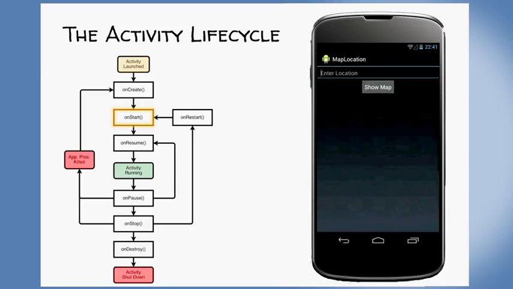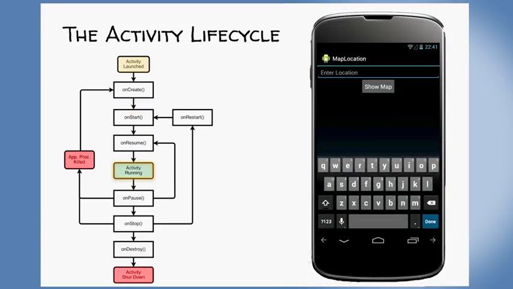At this point, map location is visible, but not yet ready for user interaction. Android now calls onResume. After onResume completes, map location will soon be both visible and ready for user interaction.